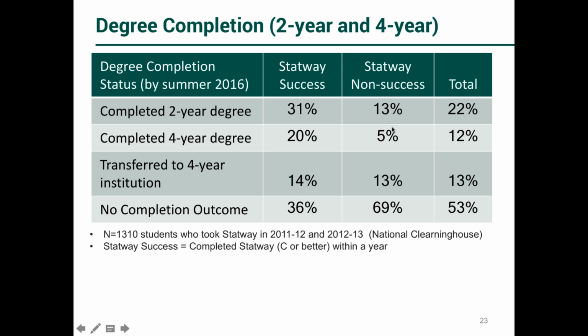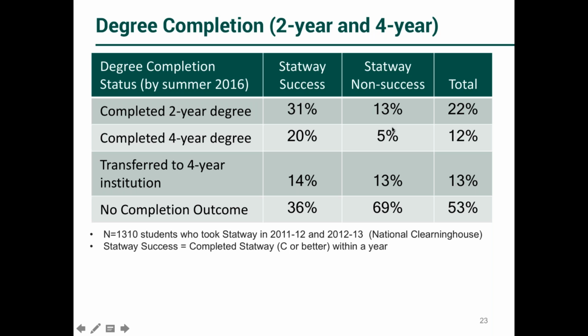So these data reflect the percentage who achieve that particular degree outcome, 2-year degree, 4-year degree, either within 4 or 5 years, depending on the cohort. And as you are probably aware, most of the reports on this have a 6-year completion report.